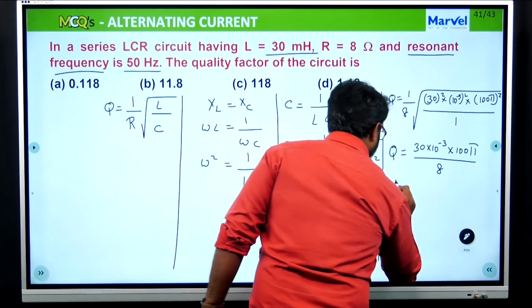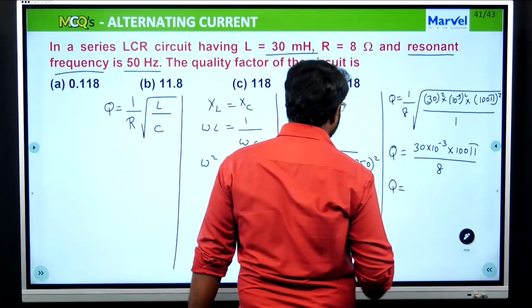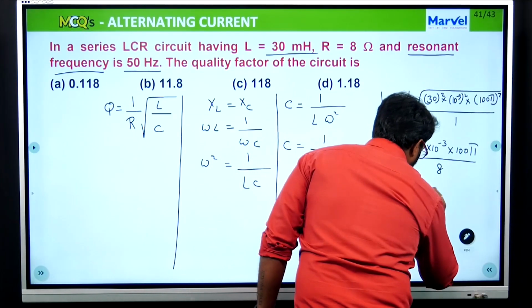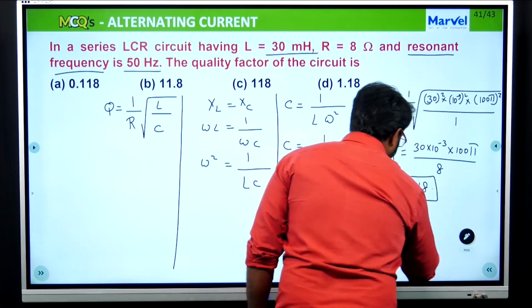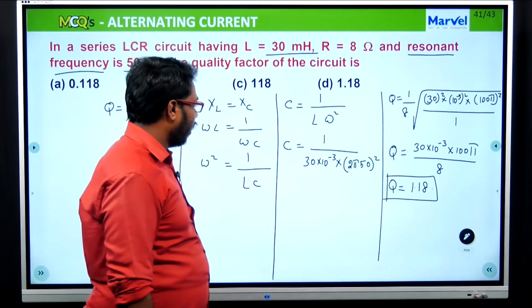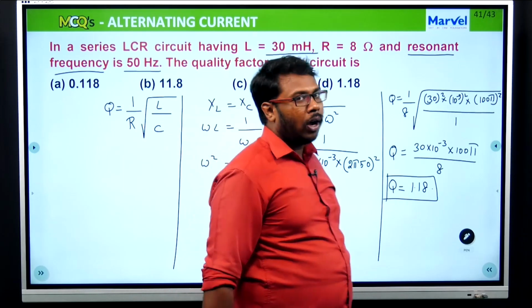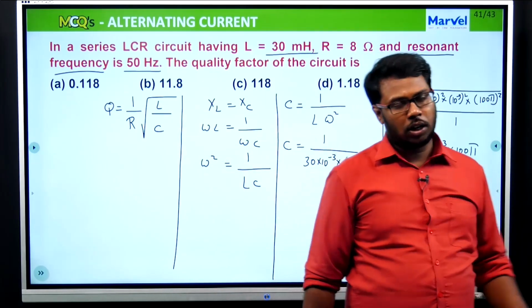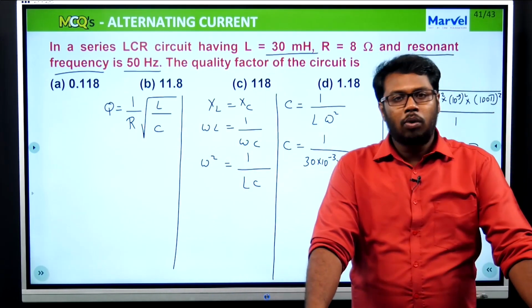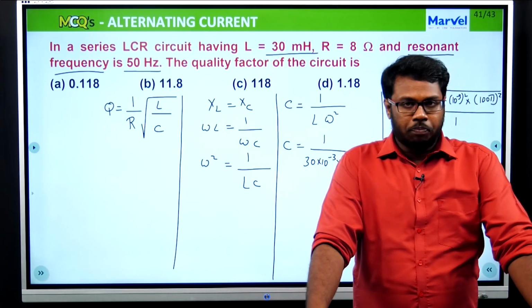If you calculate everything, you will arrive at the answer, which is 1.18, and that is the value of the Q factor for this particular LCR circuit. So this is how you solve this problem.